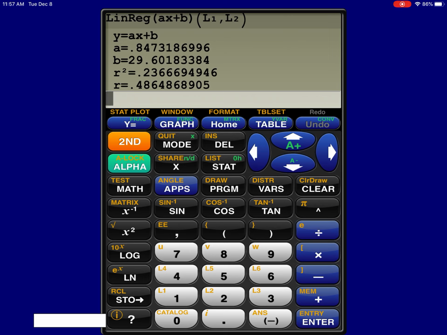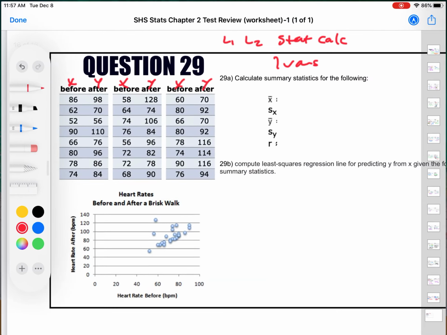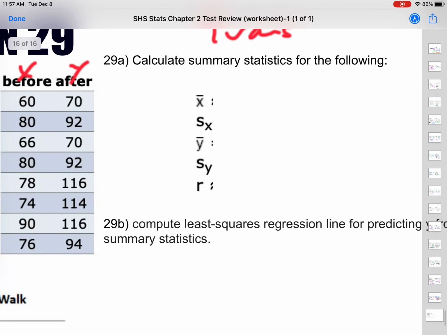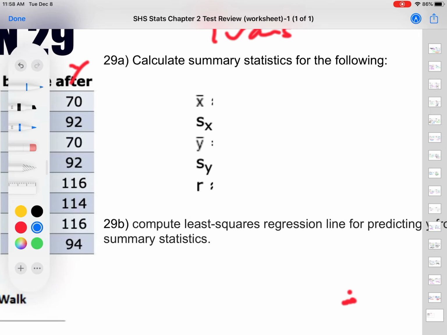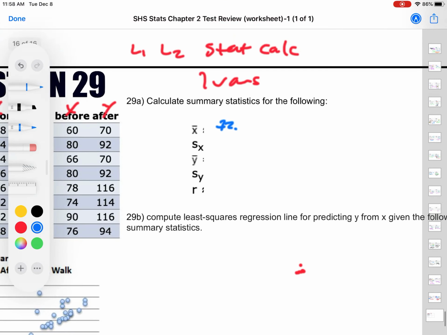Okay, so let's go ahead and copy those down. So we had 72.1667, and then 10.21366.